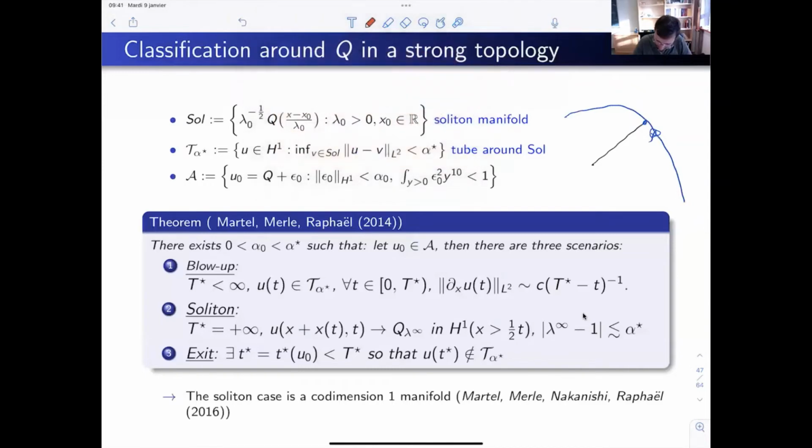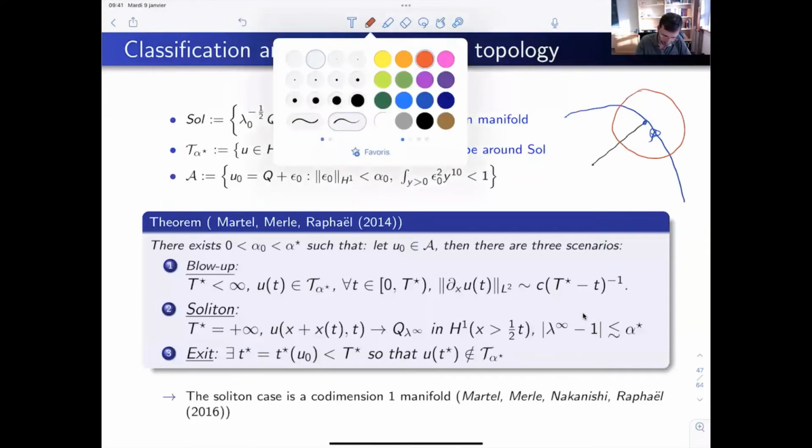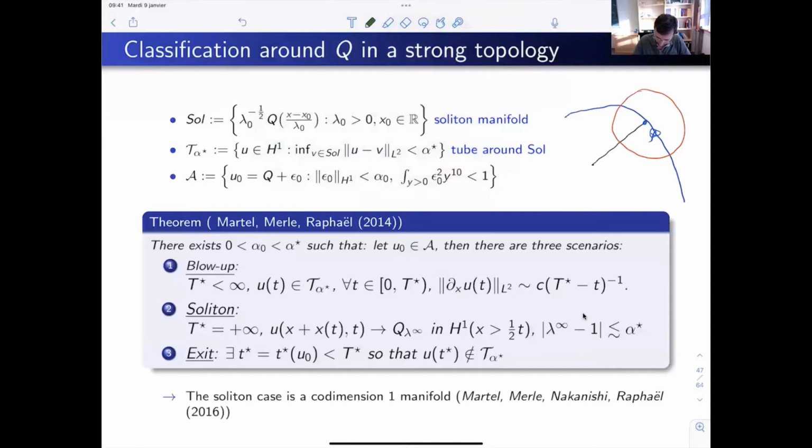And here I'm in a neighborhood of Q, and I have a complete classification. So I have a C1 manifold, which is a soliton manifold. So this one is a soliton manifold.